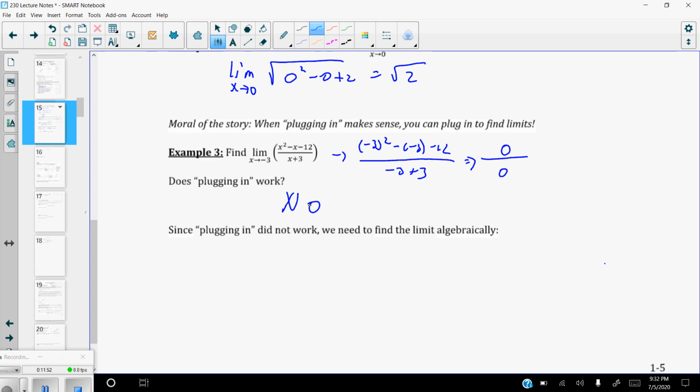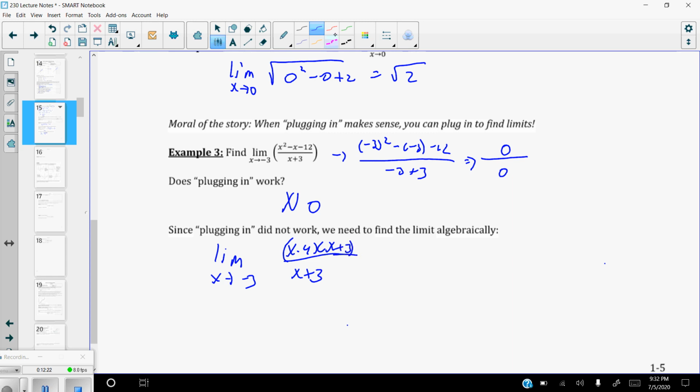Well, we can try this algebraically. Because this is a rational function, what we can try is factoring. Let's factor the numerator of this, because the denominator doesn't factor. The numerator is going to factor into x minus 4 and x plus 3.